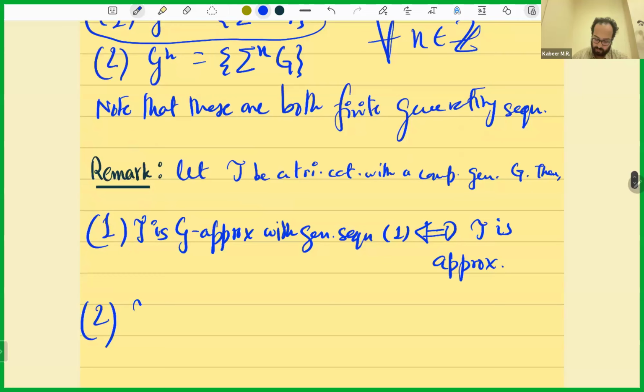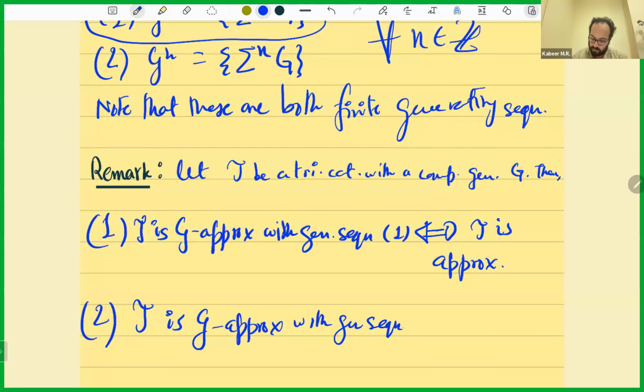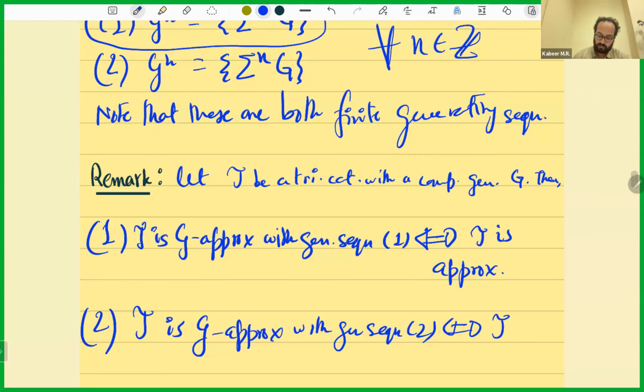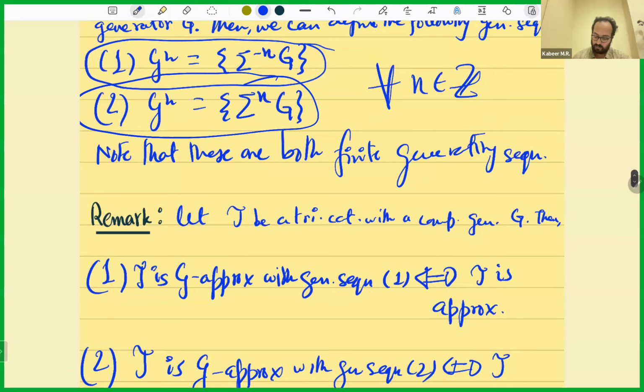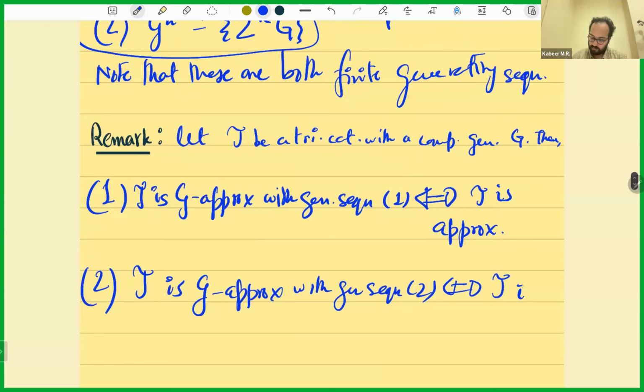And you can already guess what the other one is. T is G-approximable with generating sequence 2, generating sequence 2 being this sequence, if and only if T is co-approximable.